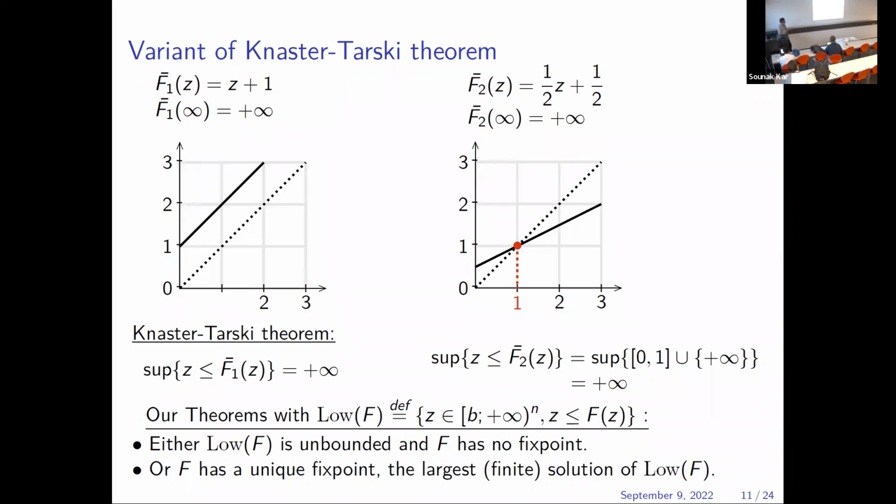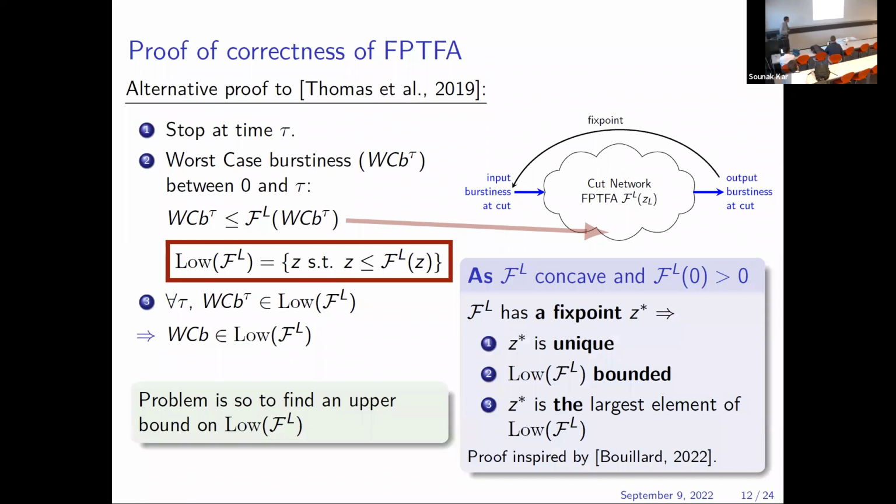So our theorem says that if the set is bounded, then there exists a solution of our problem, and this solution is a fixed point, and it is the largest solution of the set. So let's come back to our problem.